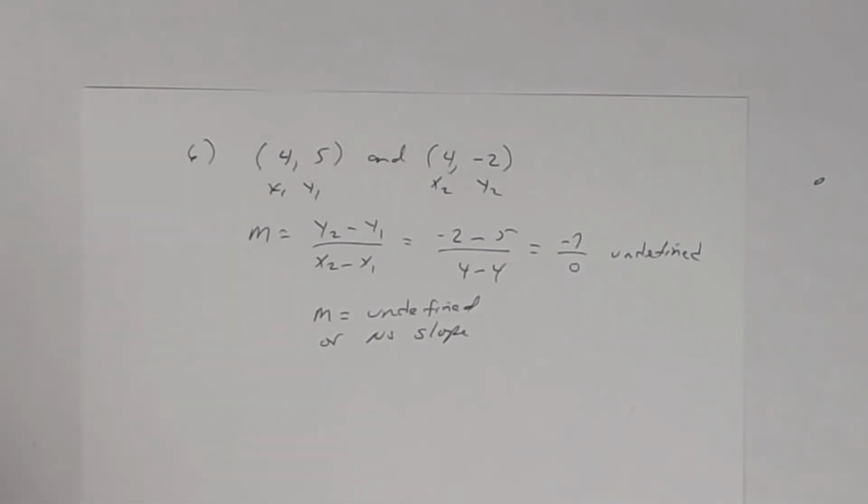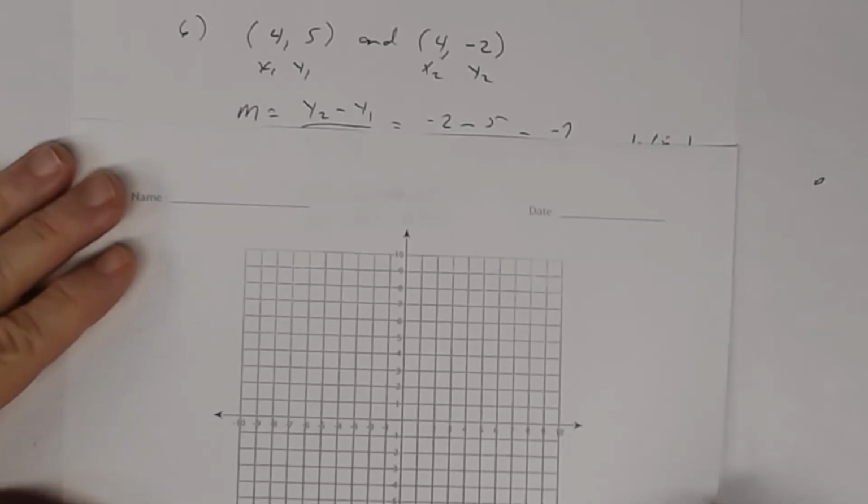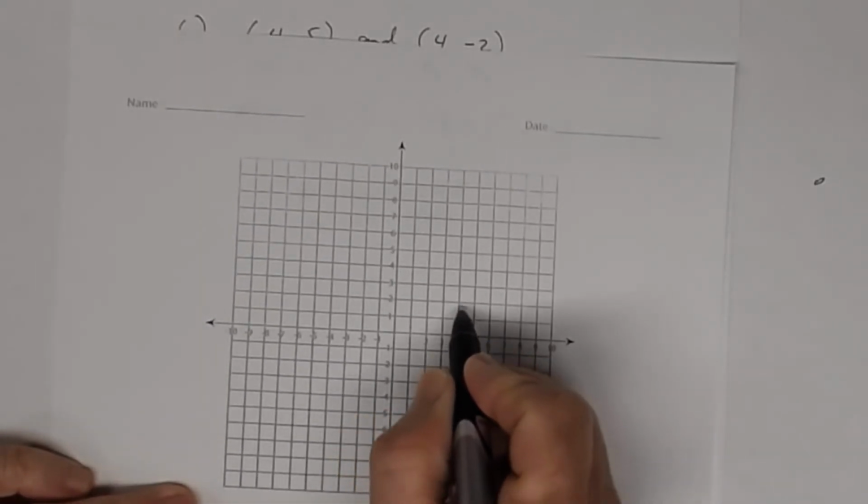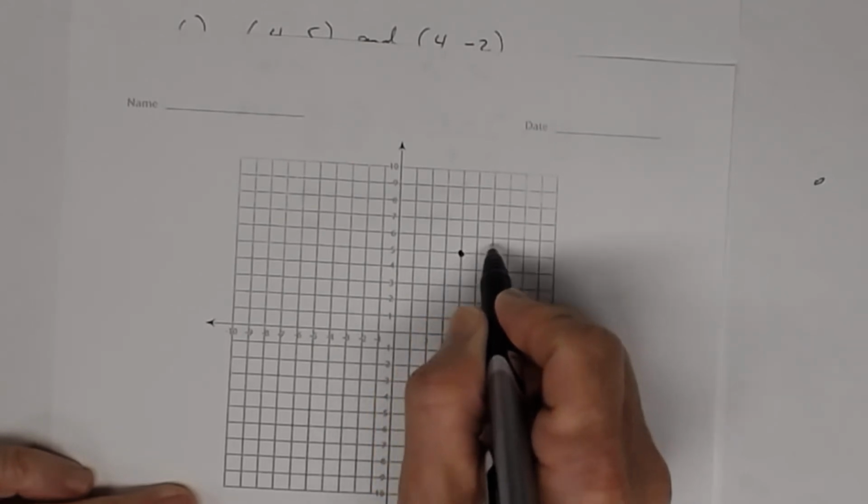I want to show you that. So let's look at that. So here we're going to graph this line. So let me get some grid paper. Okay, so we have 4, 5, and 4, -2. So 4, 5, right here.